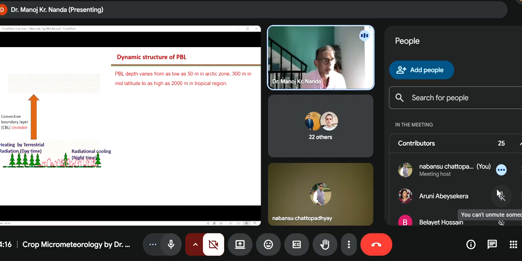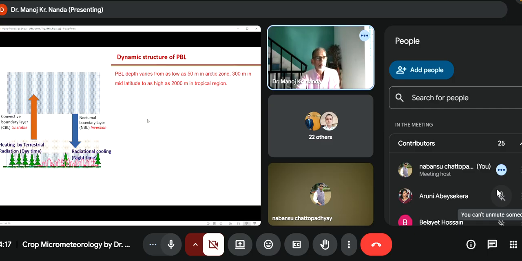Now in the second part, during night, there is radiational cooling, there is downward flux, and that squeezes the layer backward. So this becomes a nocturnal boundary layer. These dynamics take place throughout the year and throughout the day, as there is a heating balance.